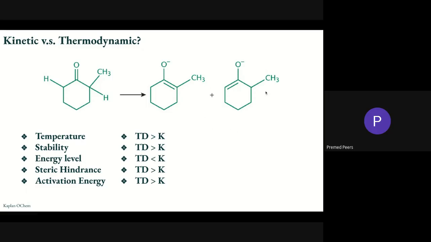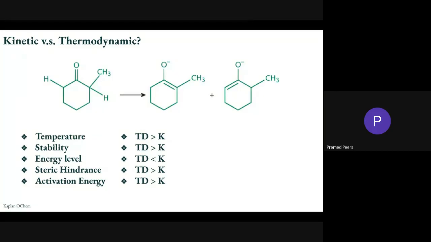Whereas the right one is easier to achieve, with a lower steric hindrance and thus lower activation energy, but it does not provide as much stability and does not have as low of an energy level compared to the thermodynamic species on the left.